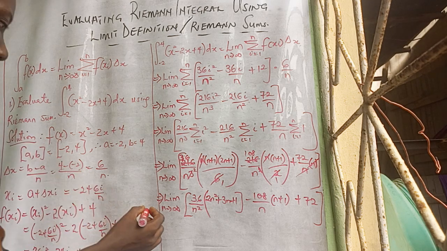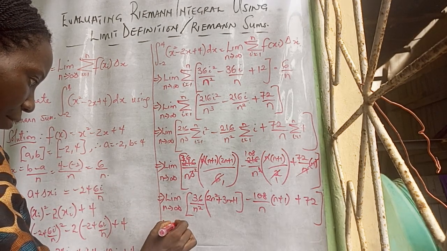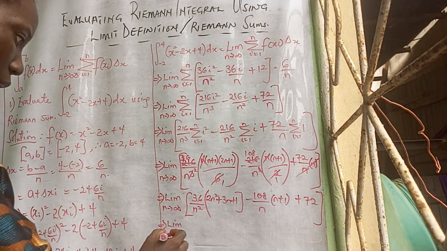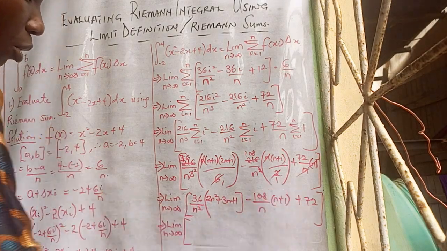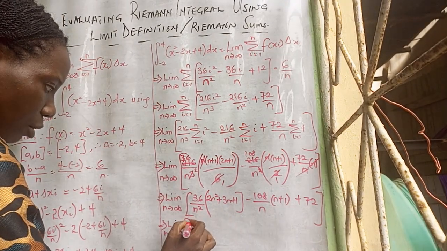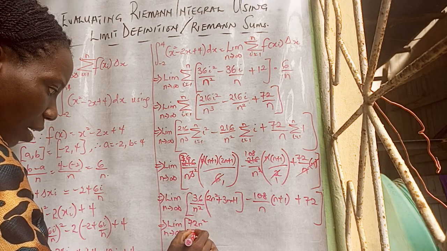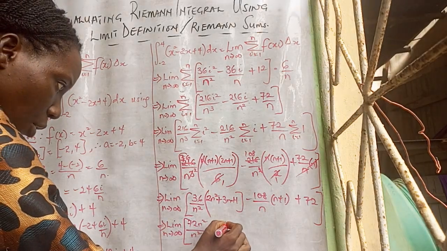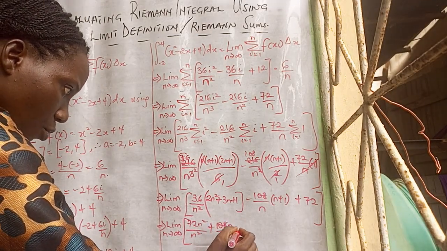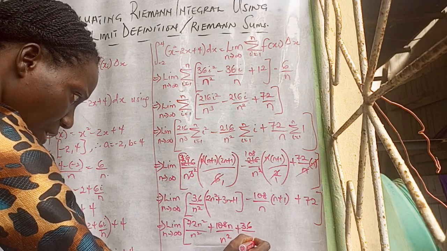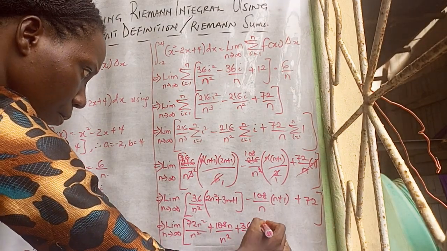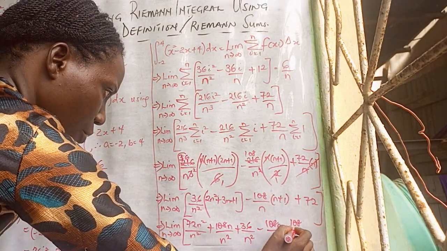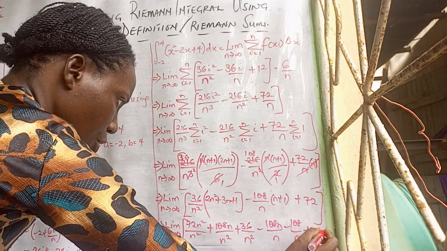Moving ahead from there, we have the limit as n tends to infinity. Let's try to open this up. We have 72 n squared over n squared plus 108 n over n squared plus 36 over n squared, minus 108 n over n, minus 108 over n, plus 72.